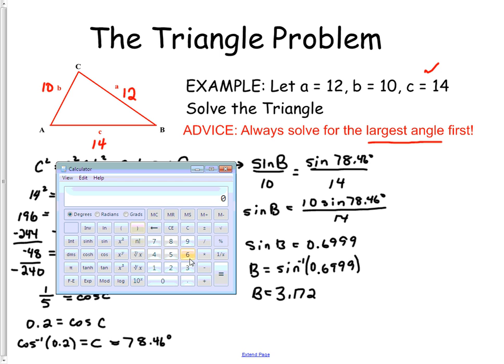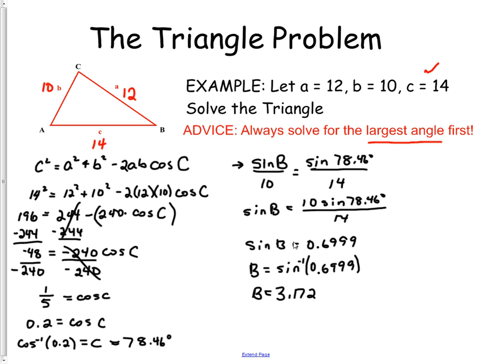Let's try that one more time. If I hit 0.6999 and inverse sine of that number, I get 44.42 degrees. So let's change our number. Angle B should not be anywhere near 3 degrees. 44.42 degrees seems a little more reasonable.